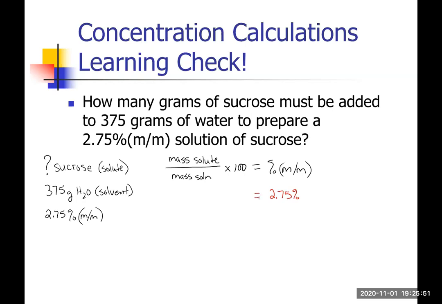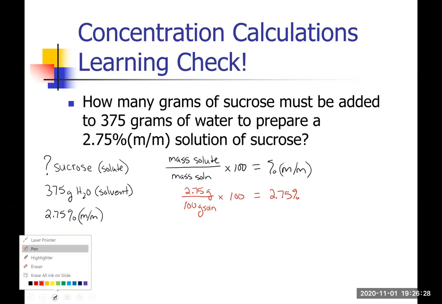So I know that in order to get that 2.75%, I had to multiply by 100 because it's a percentage. And I could have had, in a 2.75% solution, 2.75 grams of solute if I had 100 grams of solution. And the reason that I know this is because I know about math and cross-canceling.